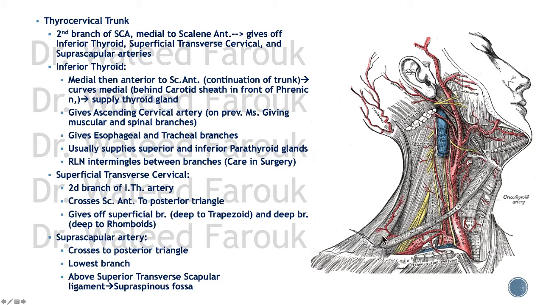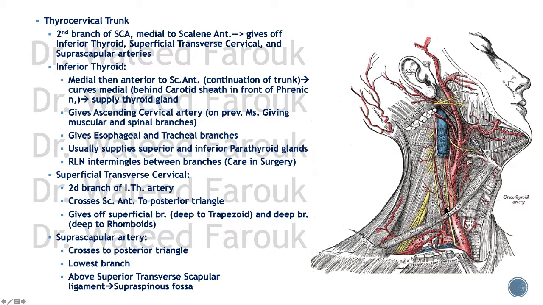The superficial branch is deep to trapezius, and the deep branch is deep to rhomboids, supplying both muscle groups. This is the transverse, or the superficial transverse cervical artery.